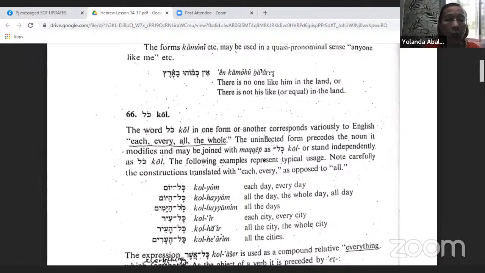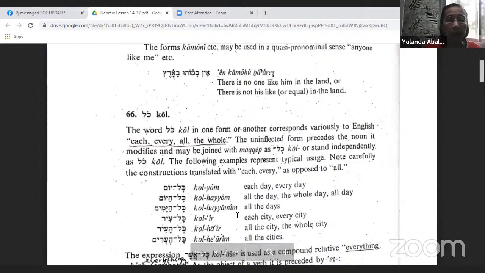Kol hayamim. Kol is all, yamim is days. Not mayim, yamim, because you pronounce that as yomim. All the days.